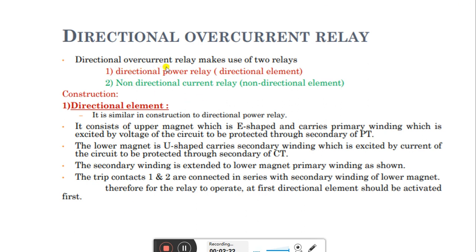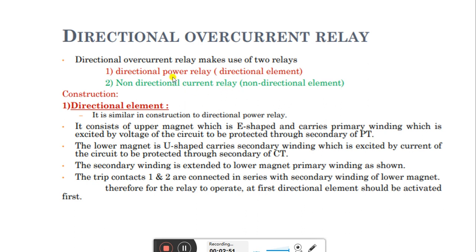So directional overcurrent relay makes use of two relays, that is directional power relay, which is having a directional element, and another is non-directional current relay, that is the non-directional element. So what does it mean? It means that to operate the directional overcurrent relay we will have two elements.